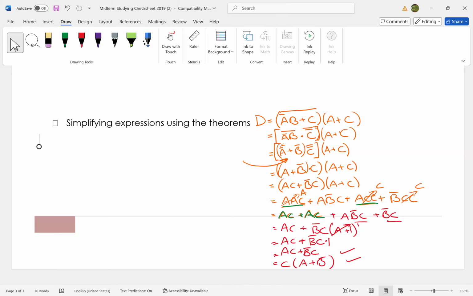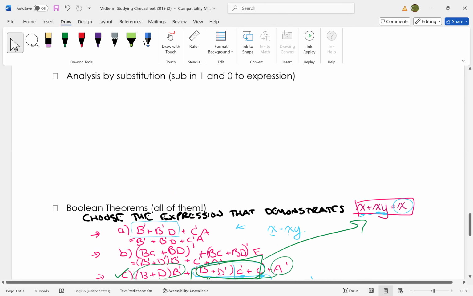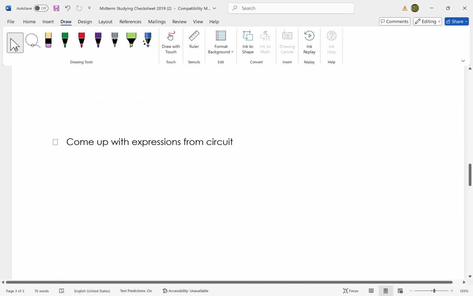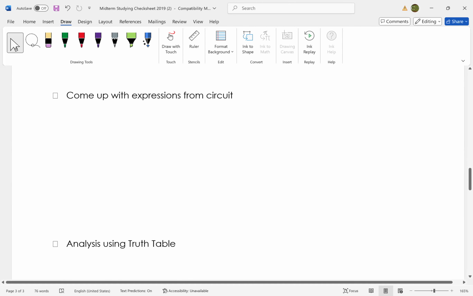And let's say one of the questions is you have to draw that circuit. That's a nice one to draw, or maybe we'll do a different one. We'll come up with an expression from a circuit.